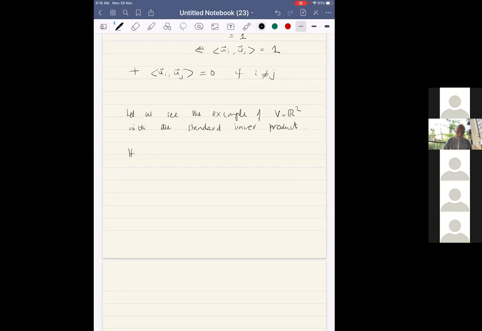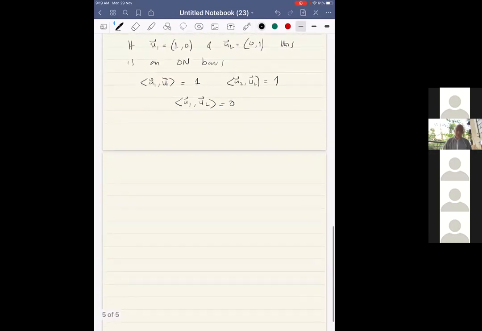So if U_1 is (1, 0), and U_2 is (0, 1), this is an orthonormal basis. Right? Because you can check the inner product of U_1 with U_1 is 1, U_2 with U_2 is 1, and U_1 with U_2 is 0.